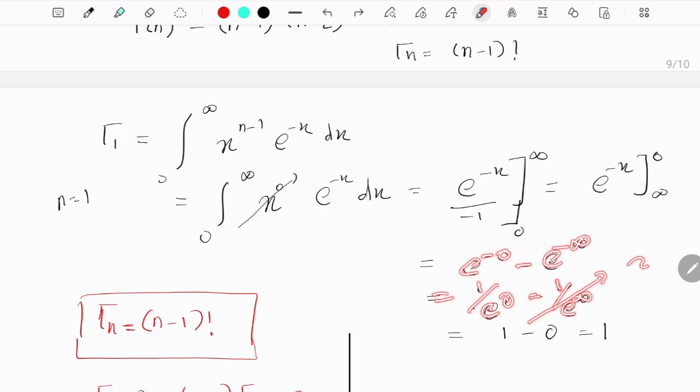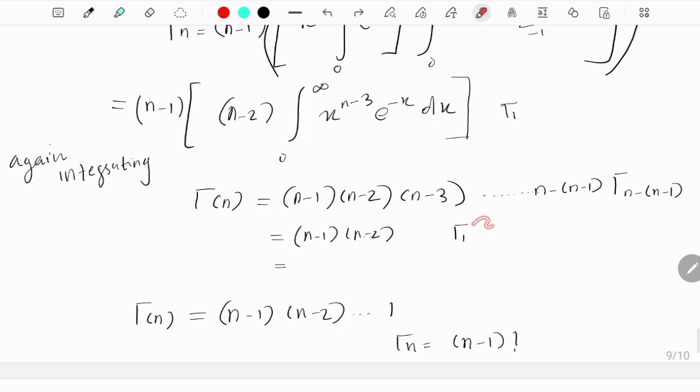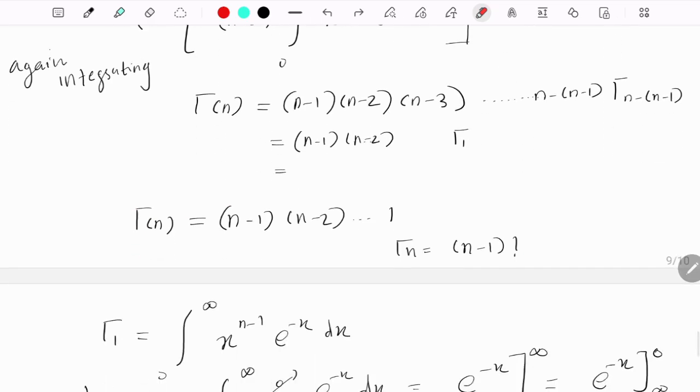This equals 1 minus 0, that is 1. That is, gamma of 1 is equal to 1. So substituting gamma of 1, we will get n minus 1 into n minus 2 into n minus 3 into etc. into 1. That is gamma of n is equal to n minus 1 factorial.